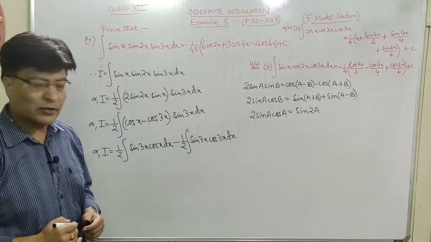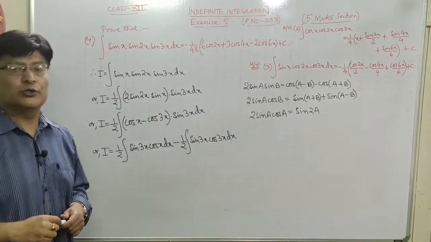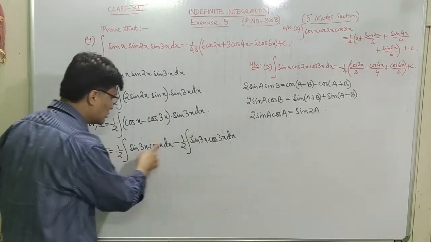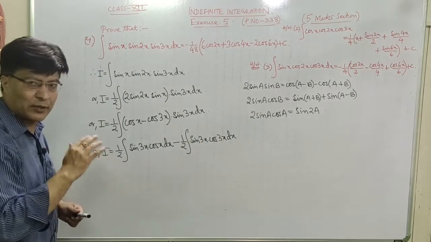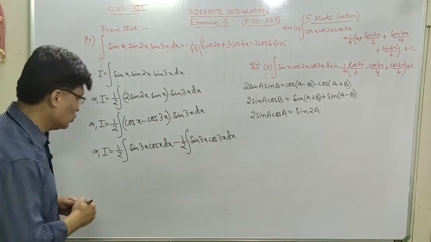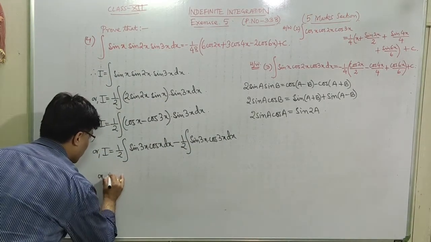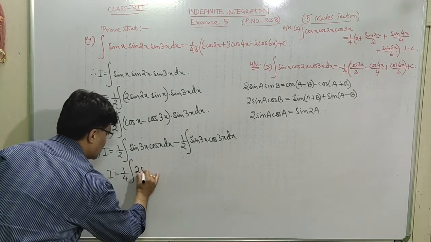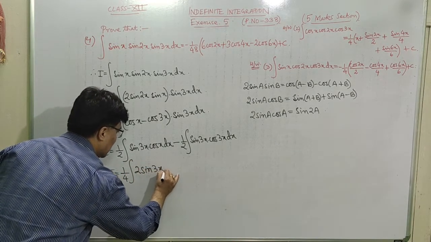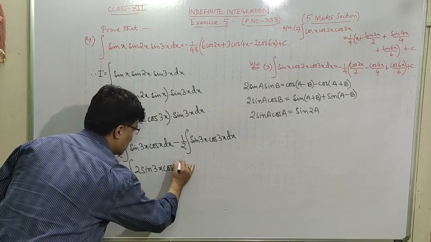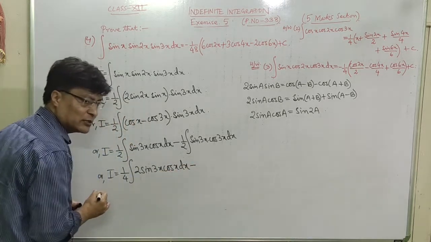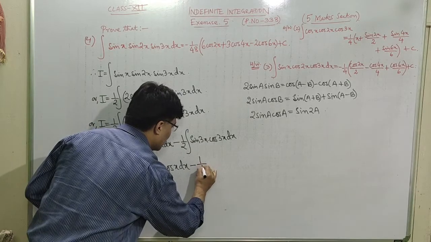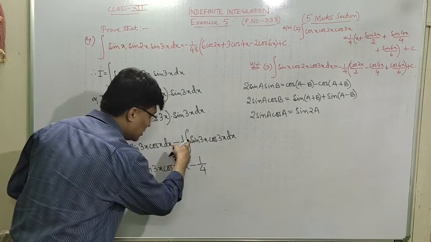Is that clear? So let us use this formula. Before that, you should write 2 here. So again, multiply and divide by 2 here. I is equal to 1/4 integration of 2 sin 3x cos x dx minus, here also you should multiply and divide by 2 because we need 2 out here.